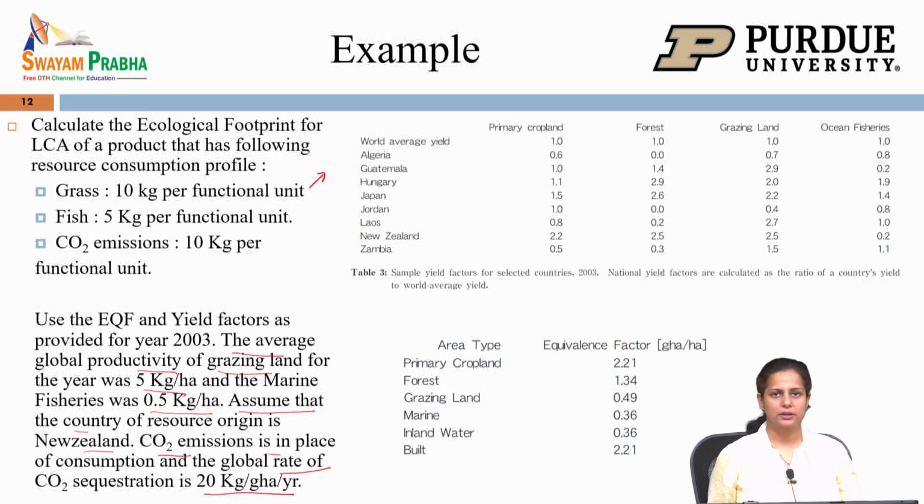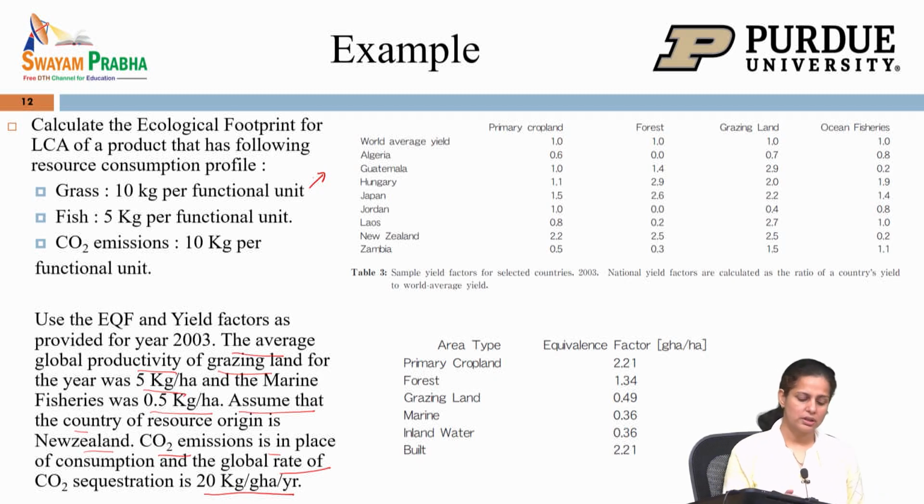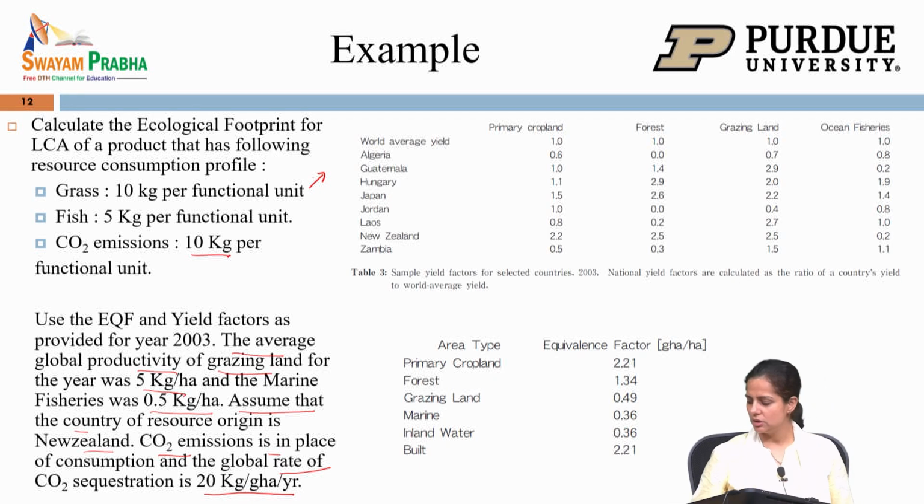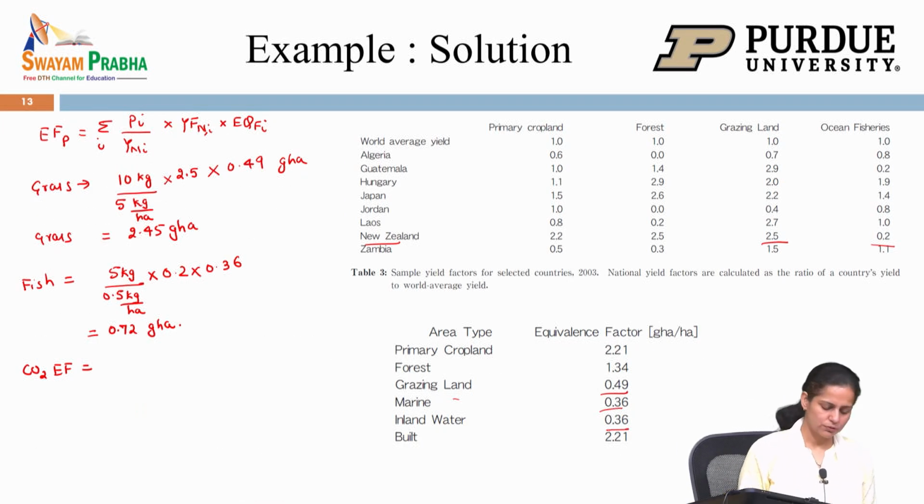So, we can calculate the global hectare required for the CO2 emission. Here the CO2 emission is 10 kg, so our CO2 footprint will be 10 kg divided by 20 kg per global hectare, which is about 0.5 global hectare.